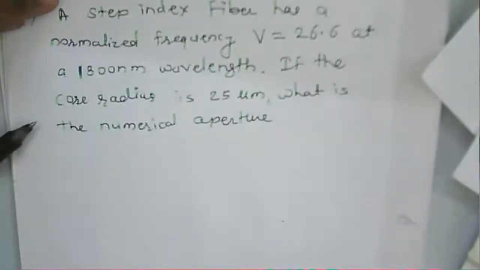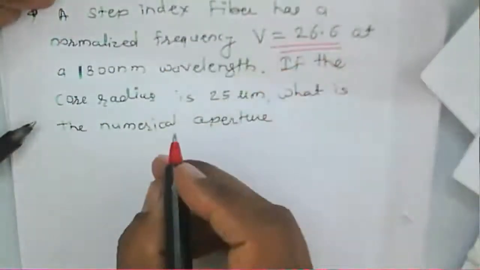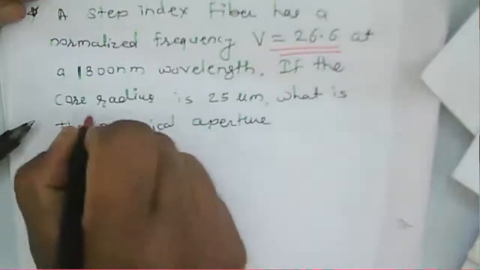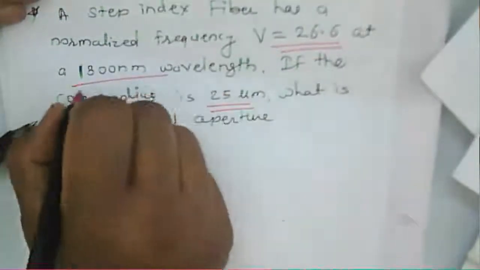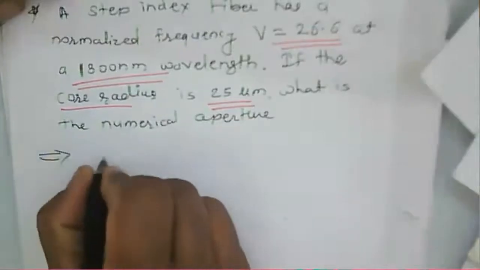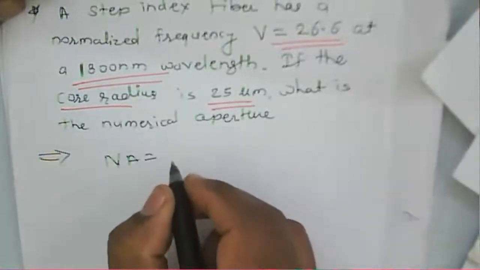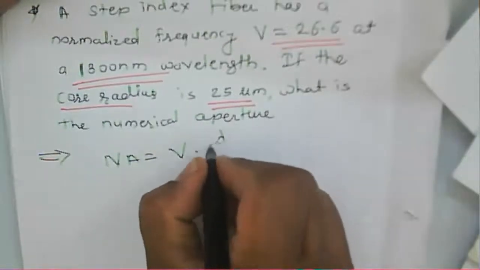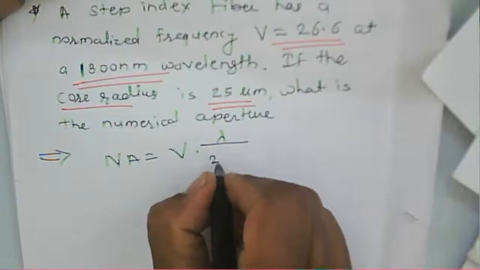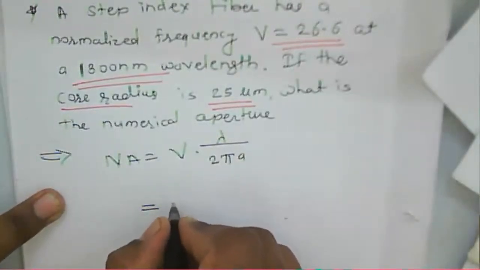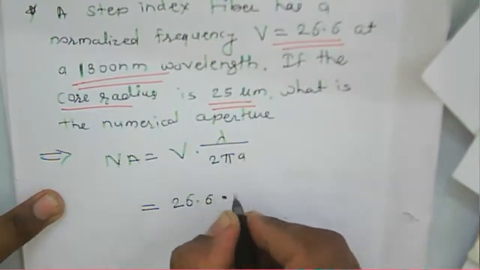Now the normalized frequency, or V number we say, is given, the core radius is given, and the wavelength is given. To obtain the numerical aperture, NA is equal to V number lambda by twice pi A. So we'll put the V value here, that is 26.6 into lambda.